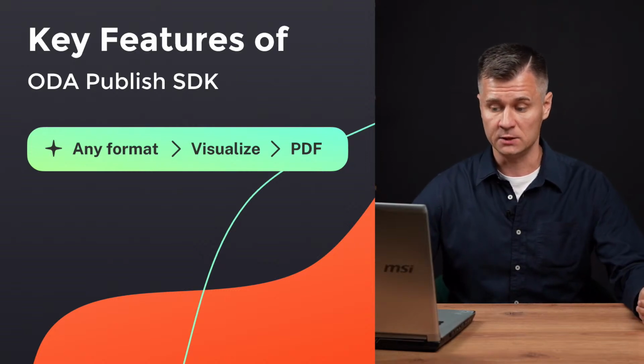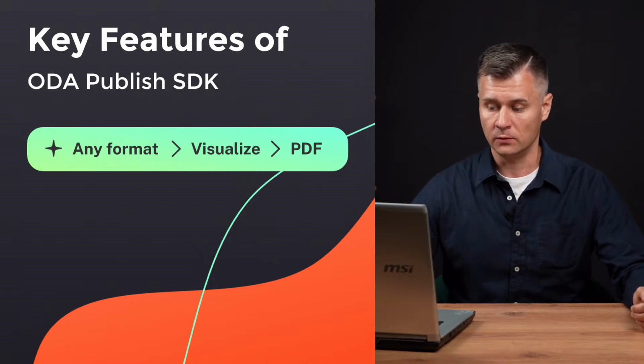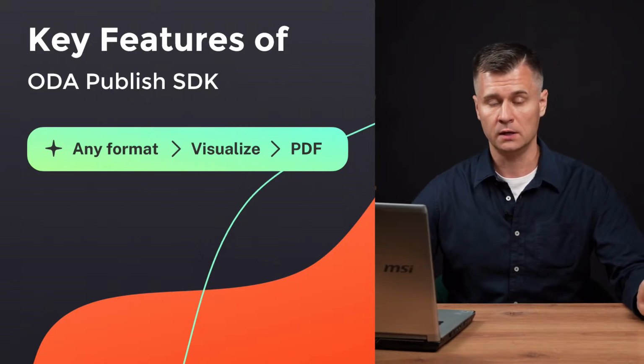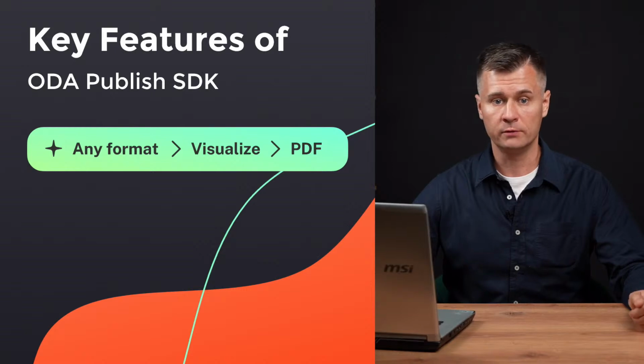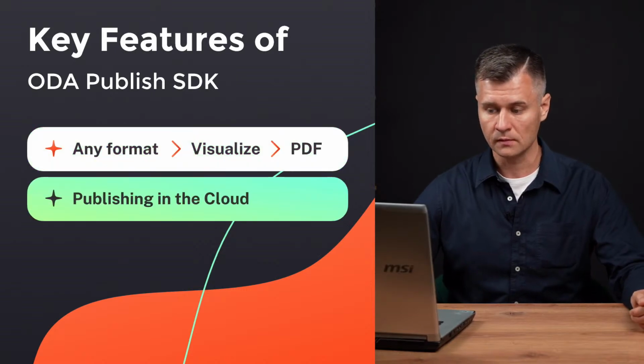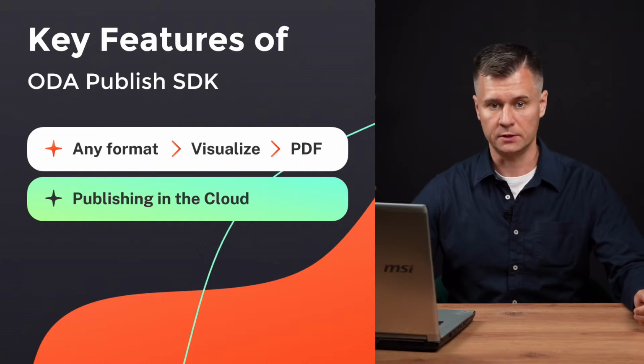This is the easiest way to get a publish to PDF feature for newly developed ODE products. It allows you to form a unified workflow and to achieve the necessary result. The same is true for publishing in the cloud, as it uses similar approaches.